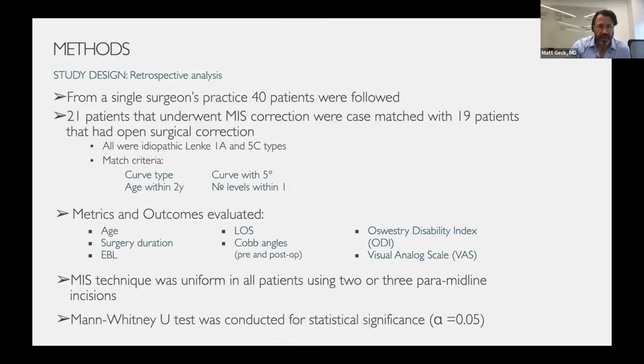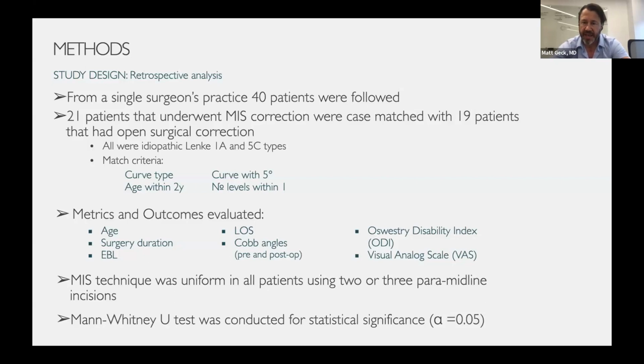So we looked at 21 patients who had MIS correction who met the admission criteria, and we case matched them with 19 patients that had open surgical correction. We matched them by age within 2 years, curve within 5 degrees, and number of levels within 1. And all the other metrics were evaluated as well.